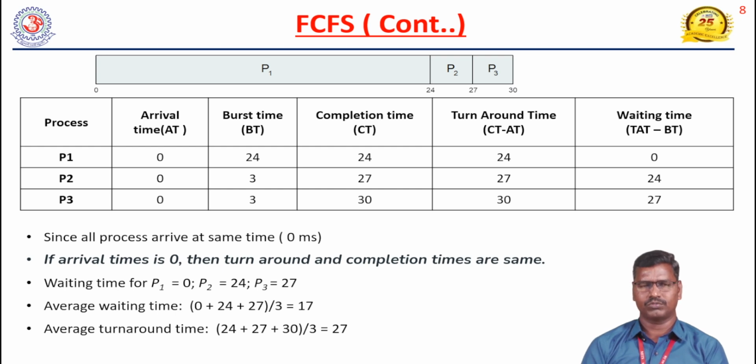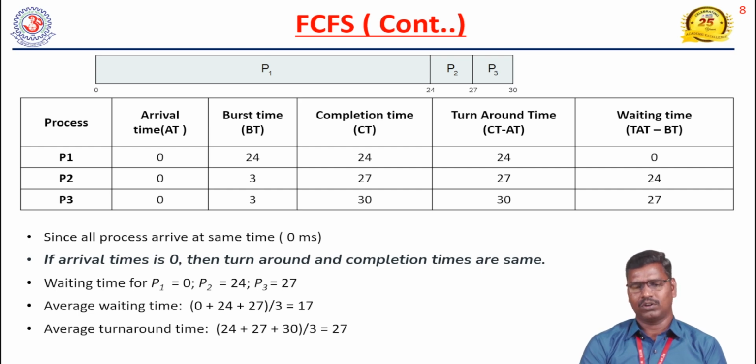All the processes are available in the ready queue. We know the burst time is given in the example. P1 has taken 24 milliseconds, P2 has 3 milliseconds, and P3 has 3 milliseconds. Based on the arrival time, we now want to calculate the completion time.